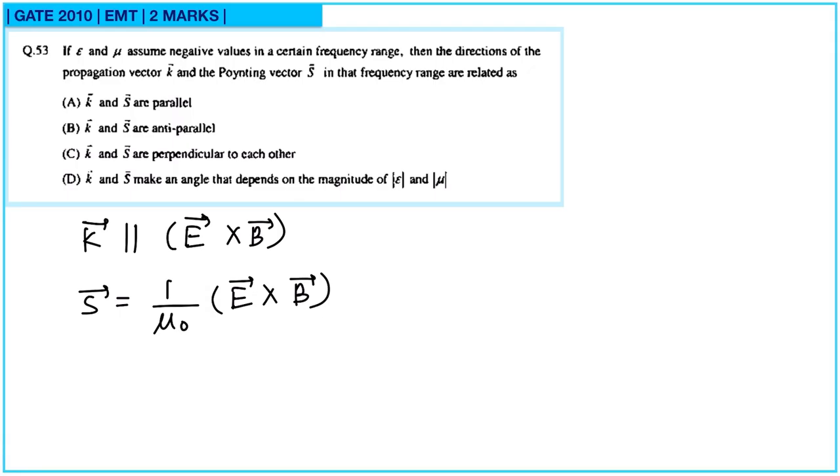But here it is given that mu and epsilon are assuming negative values. So this will be negative here. So k bar and s bar will be along E bar cross B bar, but in the opposite sense. So s bar and k bar are anti-parallel to each other.